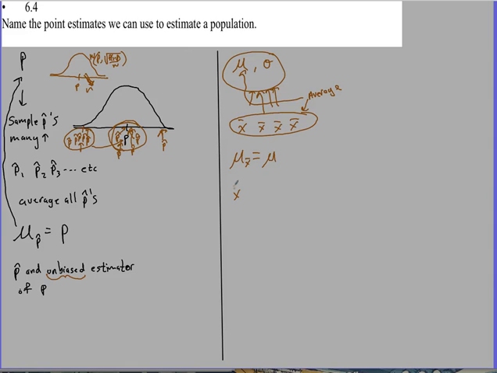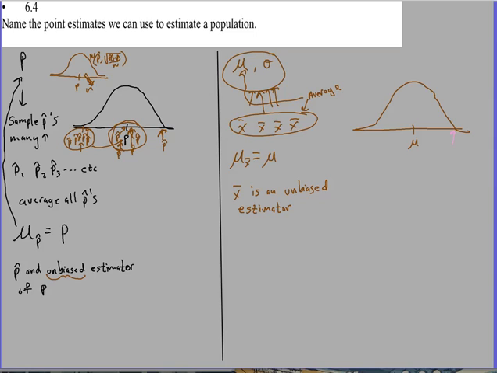So in this case, x bar is an unbiased estimator, which is the same thing. It's like if I took all these x bars and graphed them, and the mean's always in the middle, the mean of the population, I ask, where do I expect all these x bars to fall in my sampling distribution?